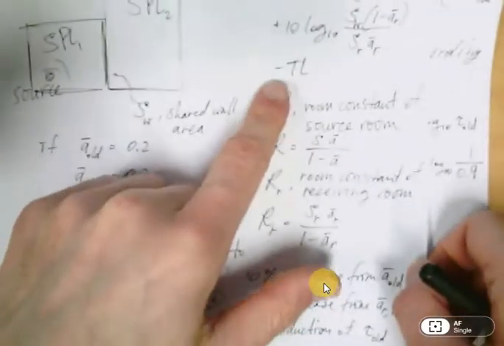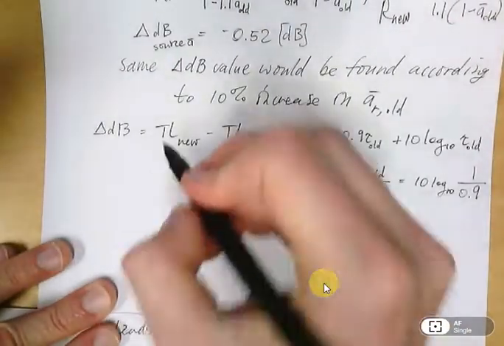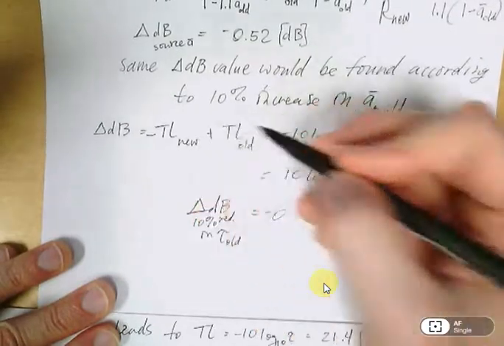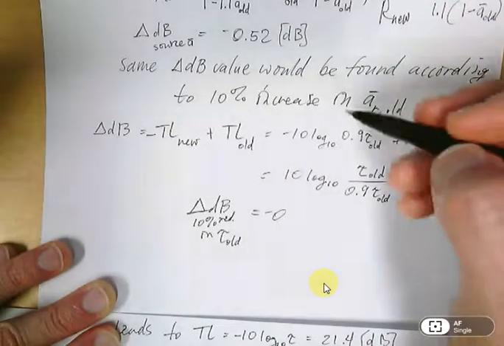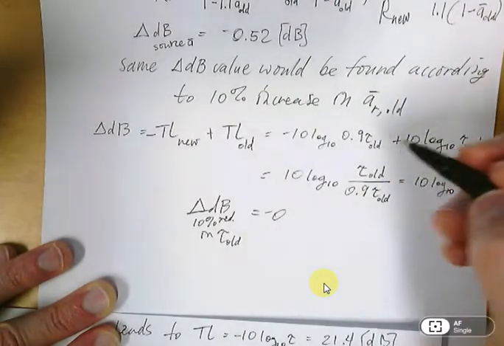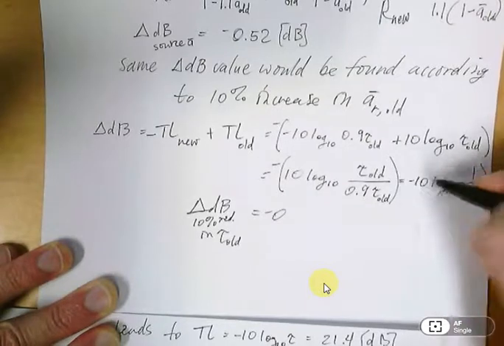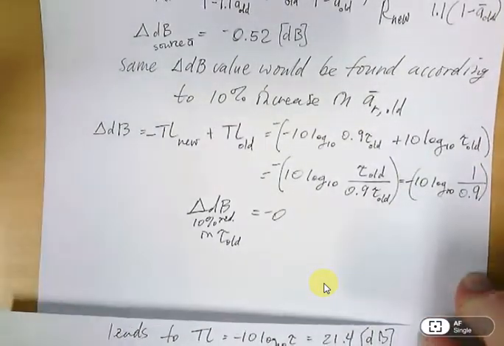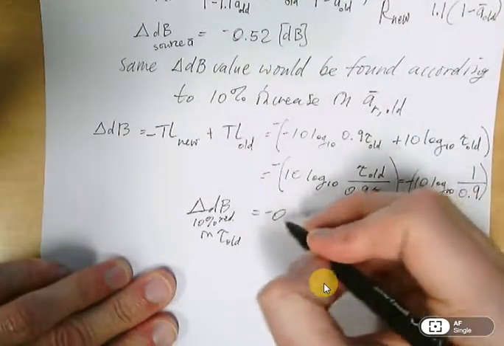So to compute the difference, it would be minus TL new minus TL old, so all of this we can just put a negative sign in front of. Apologies for that. That leads to a delta dB of minus 0.46 decibels.